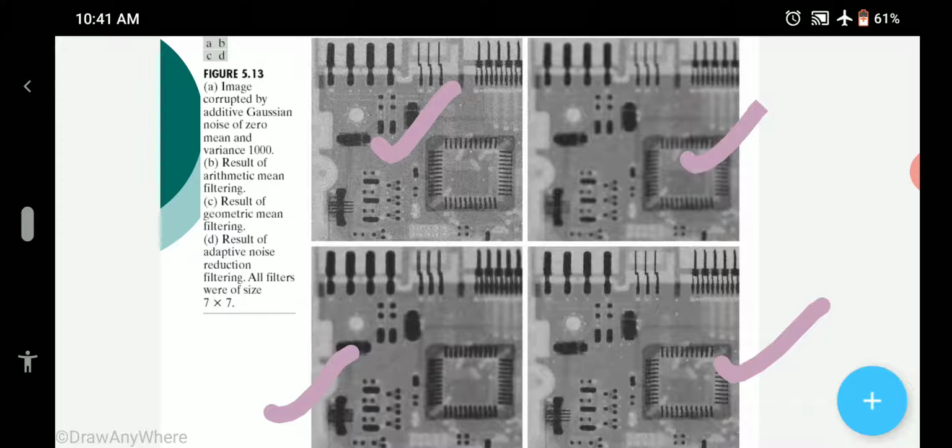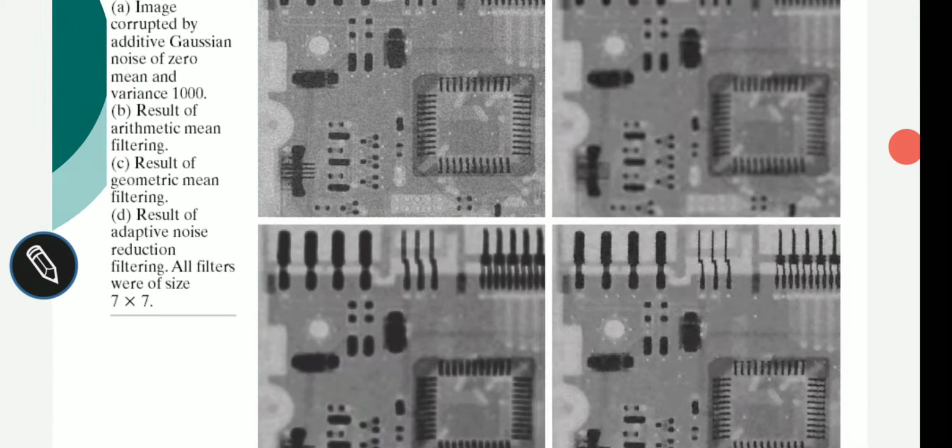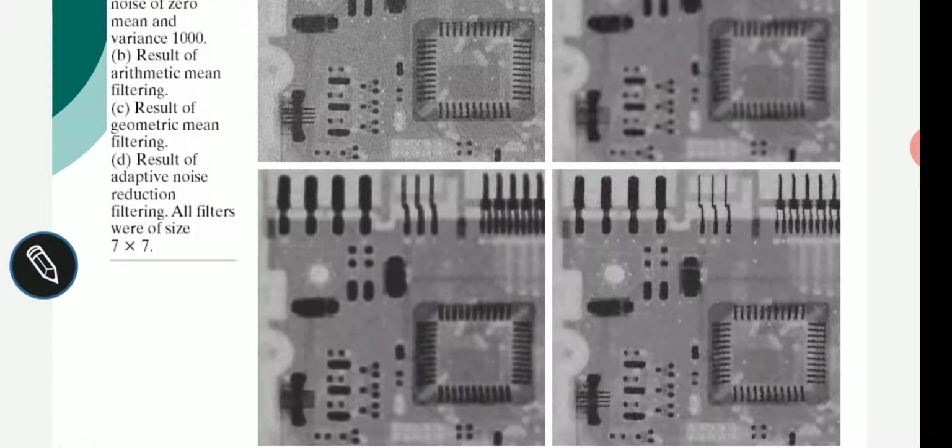If you see the observation here, the fourth image has a clearer vision than the arithmetic mean and the geometric mean. The adaptive filter gives a clearer result in the reduction of the noise.